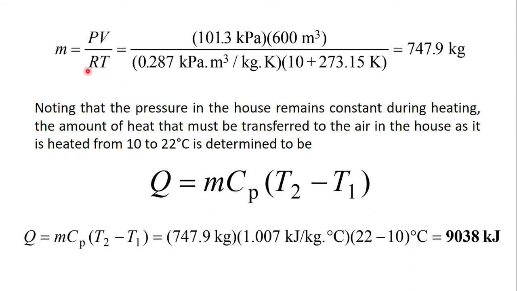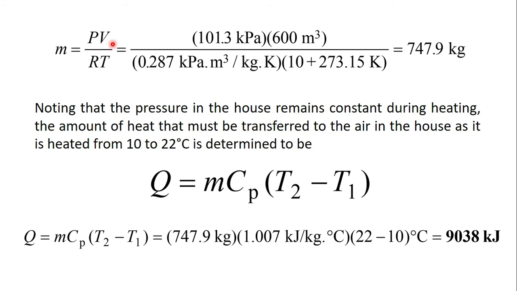So the temperature initially in the house is 10 degrees centigrade. You have to convert this centigrade into Kelvin by adding 273, and R is a constant, and it can be taken from anywhere in the literature. So its value is 0.287 kilopascal meter cubed per kg per Kelvin, and the pressure is given in the question statement, that is 101.3 kilopascal, and the volume you just have calculated in the previous slide.